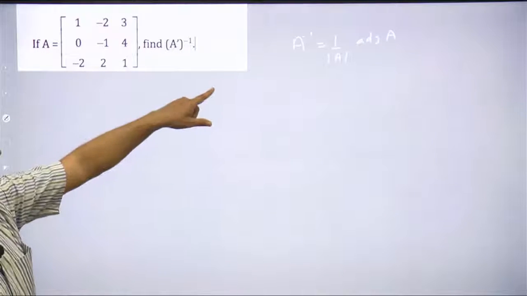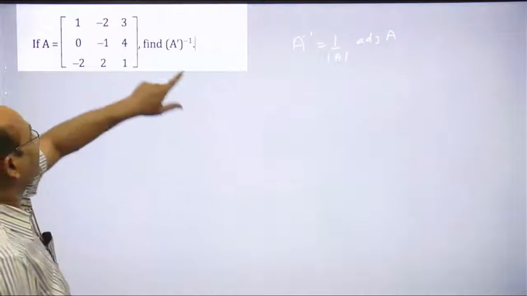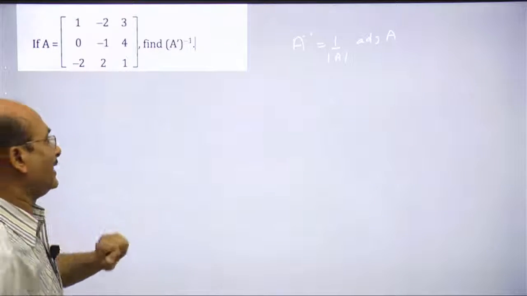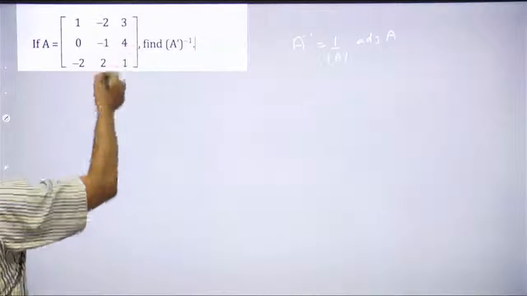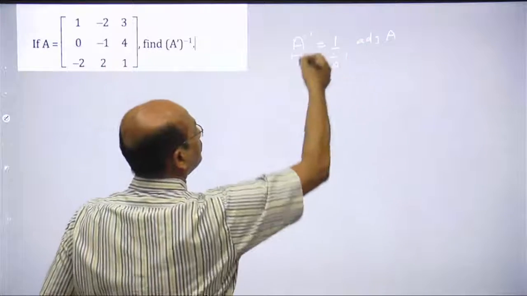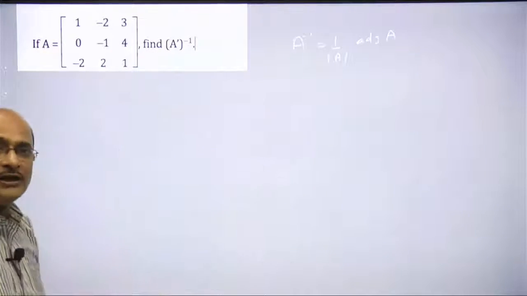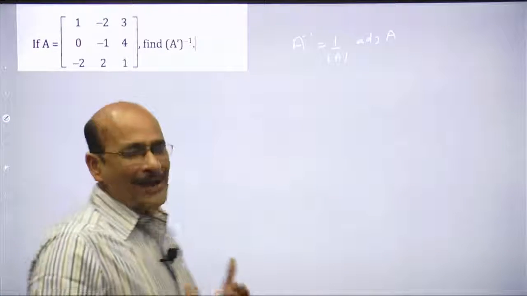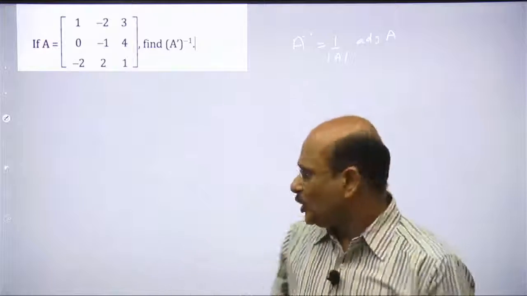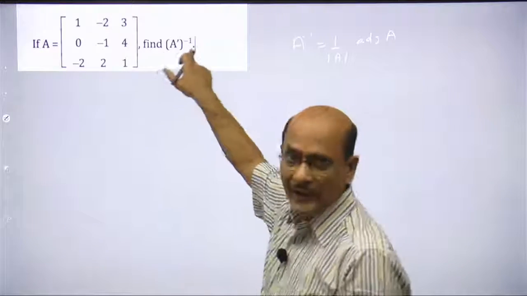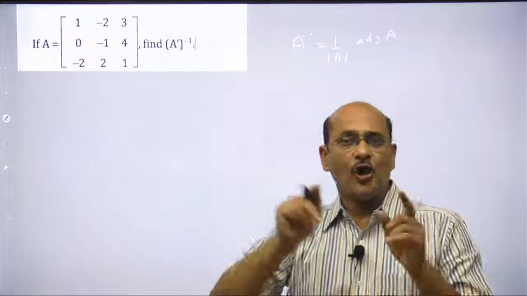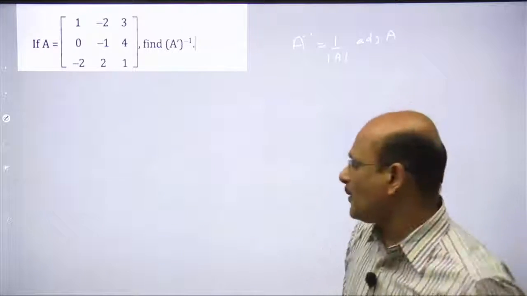So one way of looking at it is you find the transpose first and then use this formula to find the inverse of that transpose matrix. But I would not suggest you to do that, because this property is very important, applicable sometimes in solving simultaneous equations. What is that property?